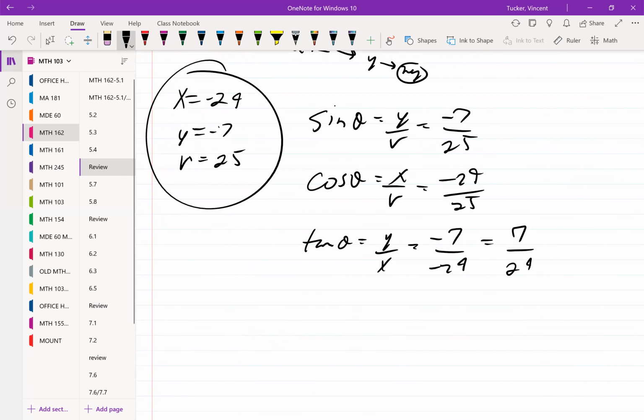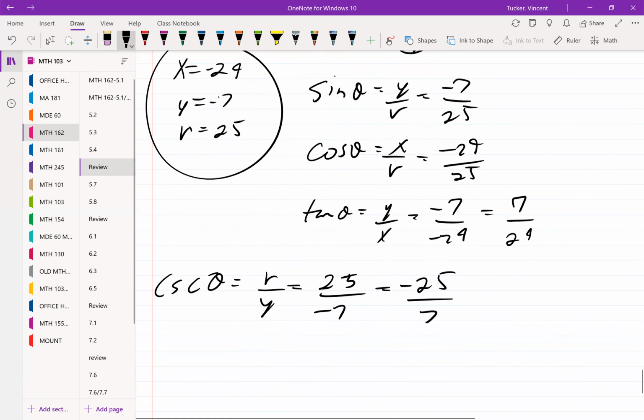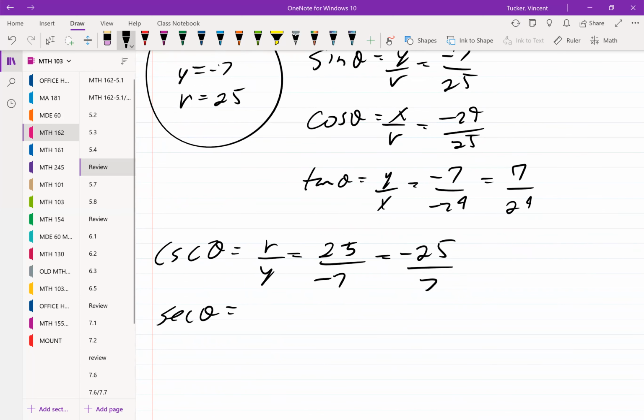And then the inverses of those. So cosecant is r over y, 25 over negative 7. Secant is r over x, so it's 25 over negative 24.